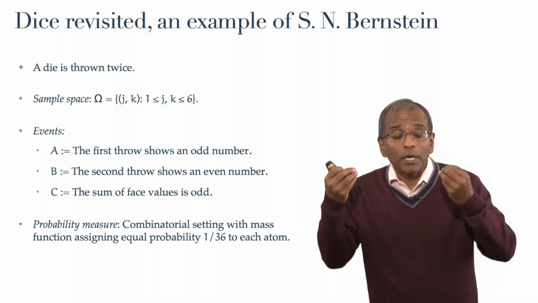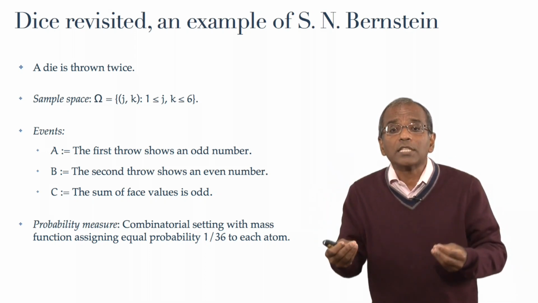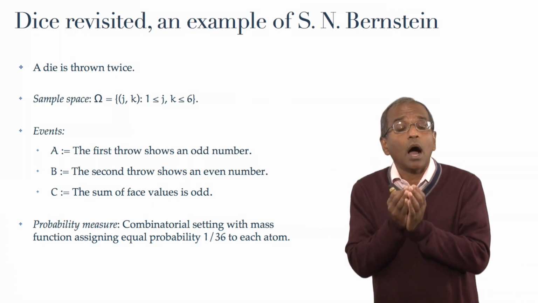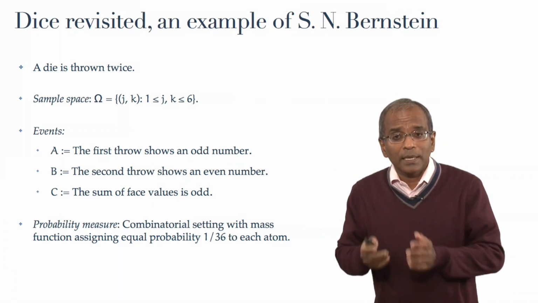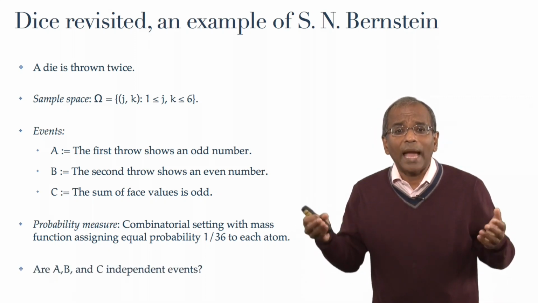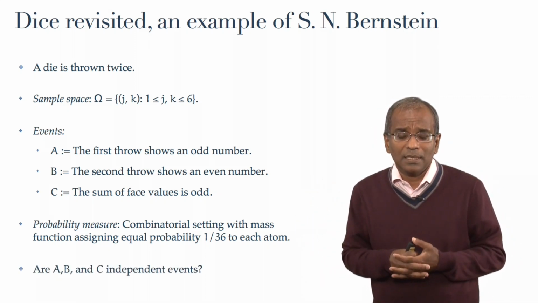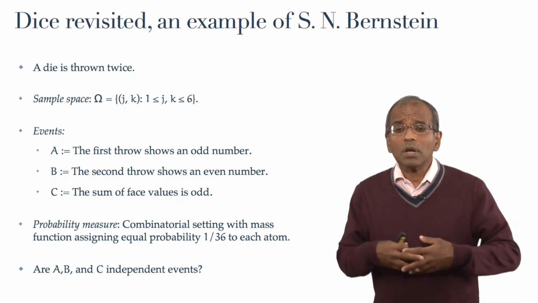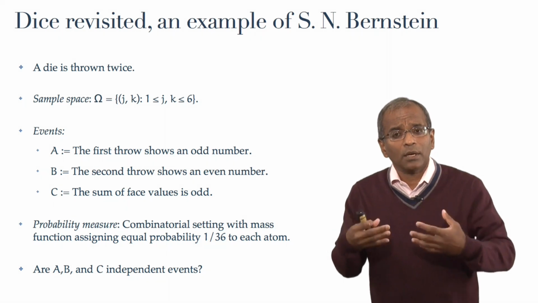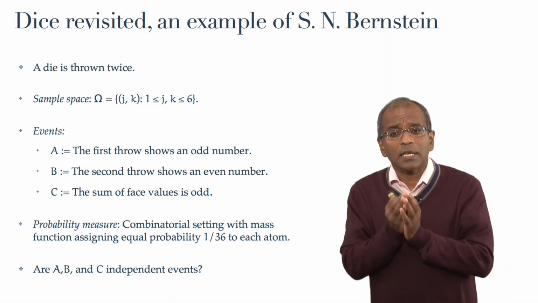It is going to be a combinatorial setting where every atom is equally likely, and therefore all atomic probabilities are 1 in 36. And again, the question: are these events A, B, and C independent? Pause the lecture and run through the definition to see whether you can check whether this in fact is valid.